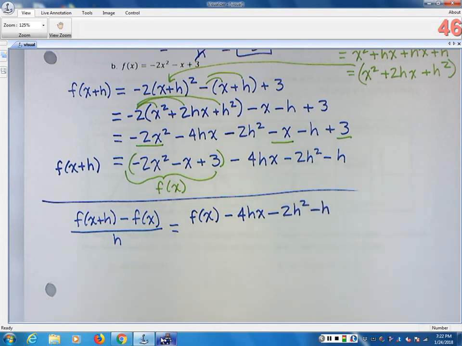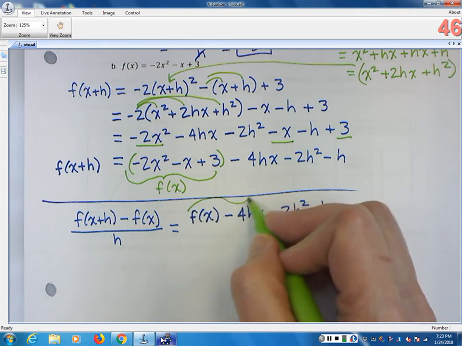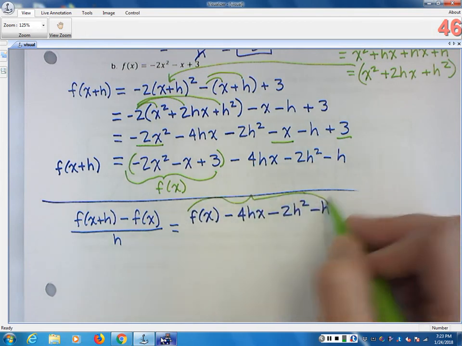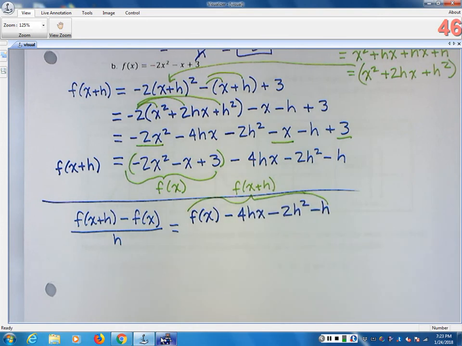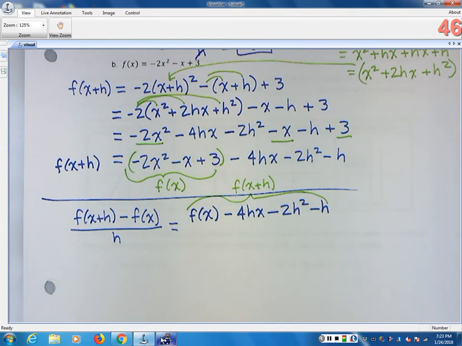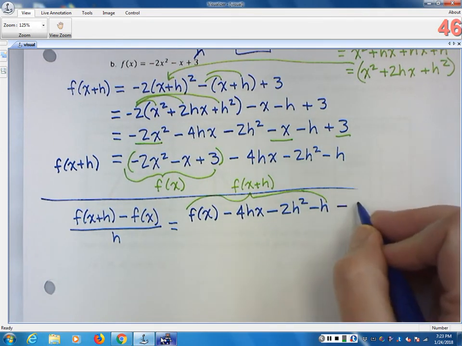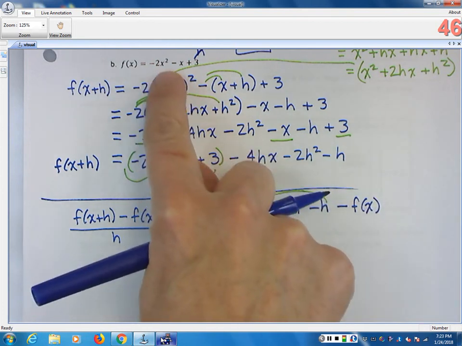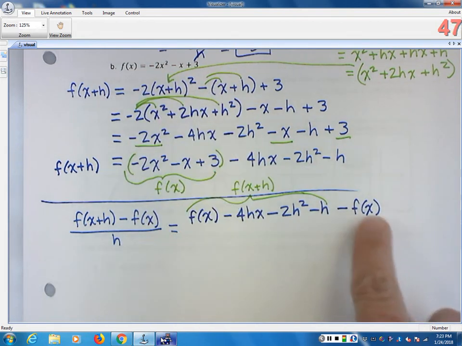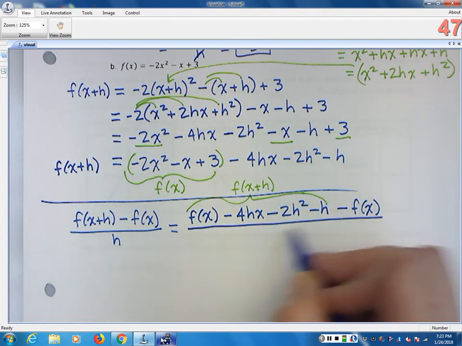Okay, so all of this that I just wrote down is f of x plus h. Now I need to subtract f of x. Instead of writing down what it equals up here, I can just write f of x. It will always work this way. And then we divide by h.